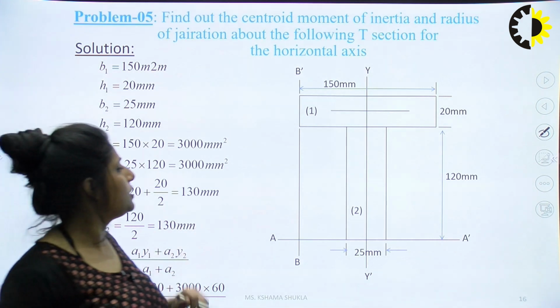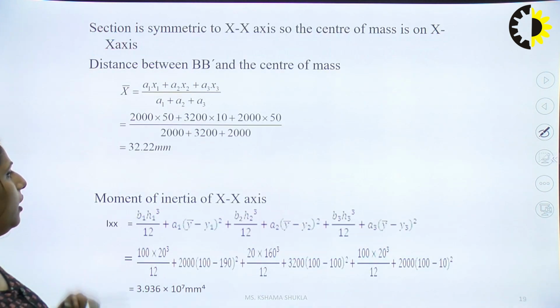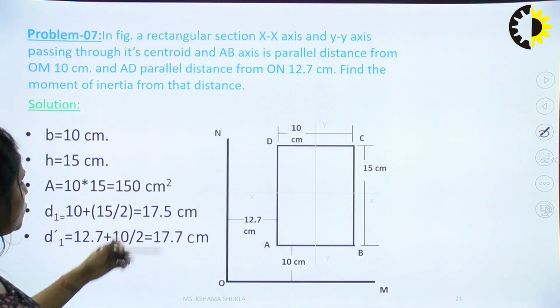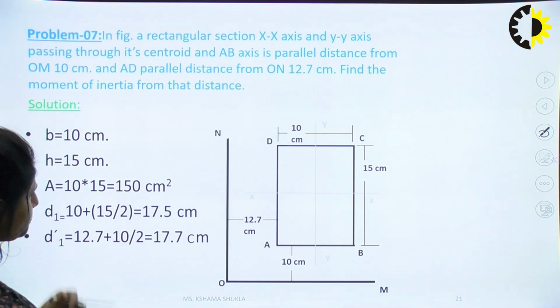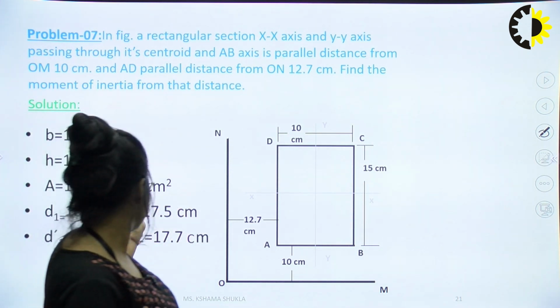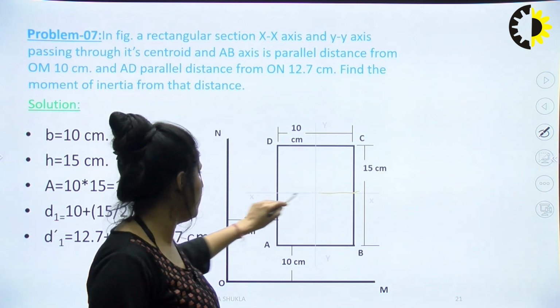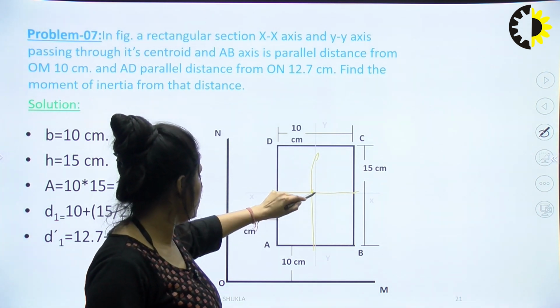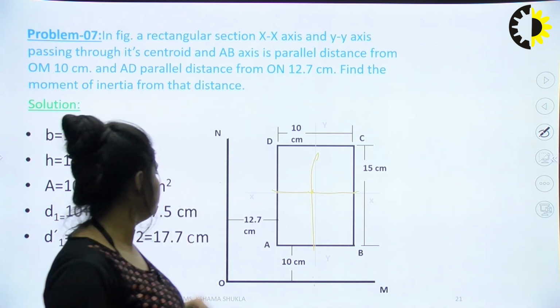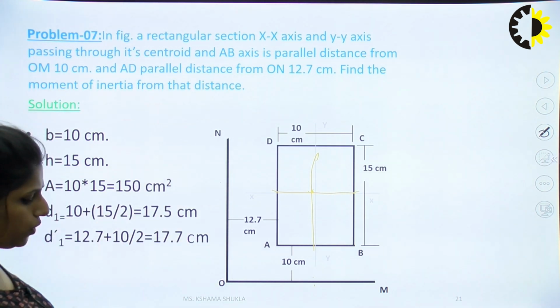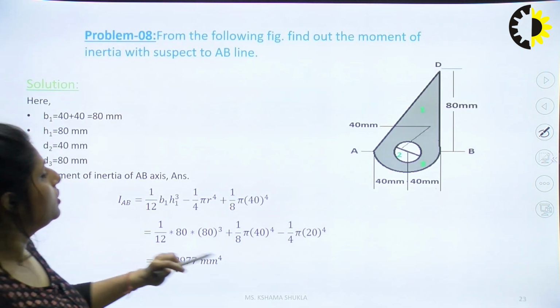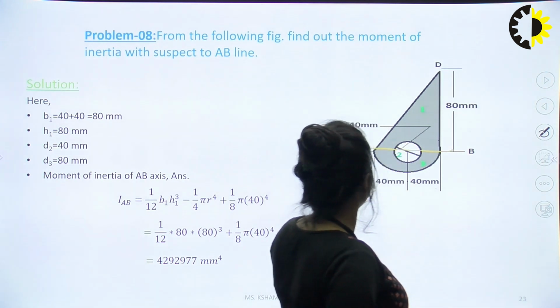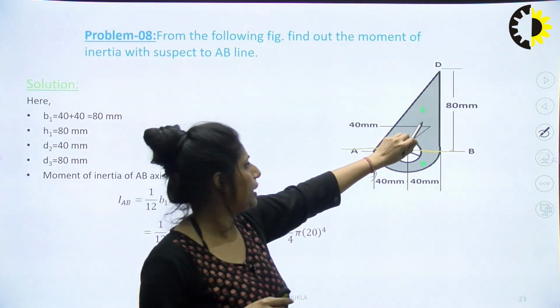Similarly for the T section. This is also a rectangular section question. This is our simple rectangle. In this we just use the parallel axis theorem. We know the value from here, and we need to find the values about OM and ON. Very simple question. The second question is similar: use the formula for the triangular section.